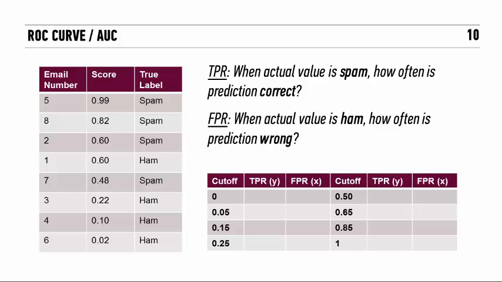When the actual value is spam, 1, 2, 3, 4, how often is the prediction correct? 100%.